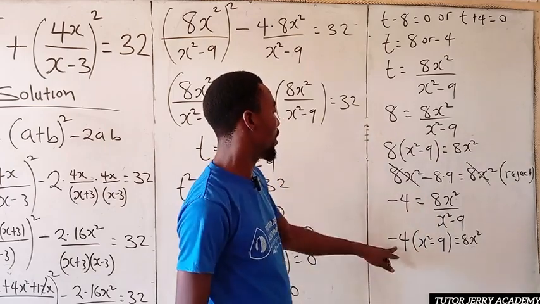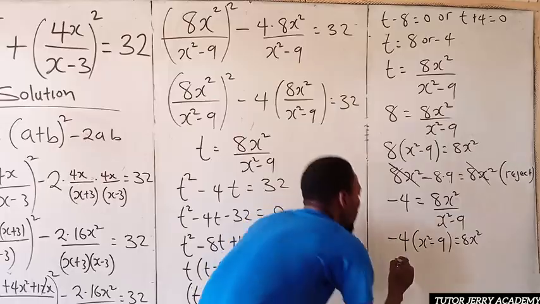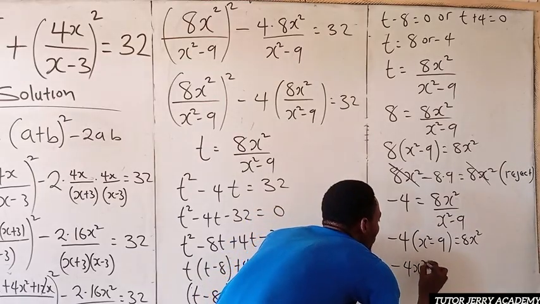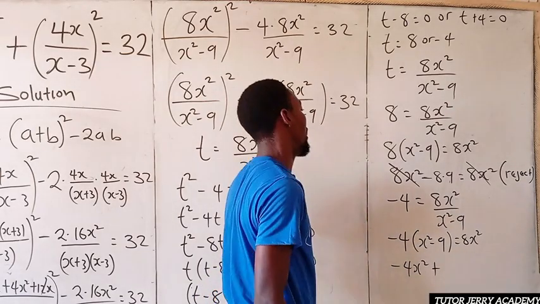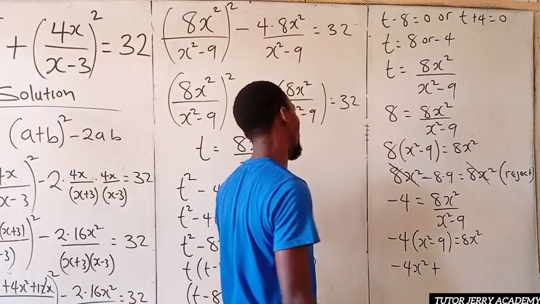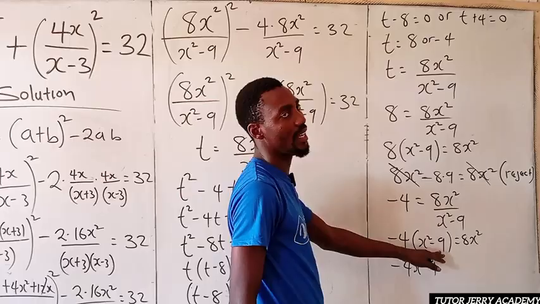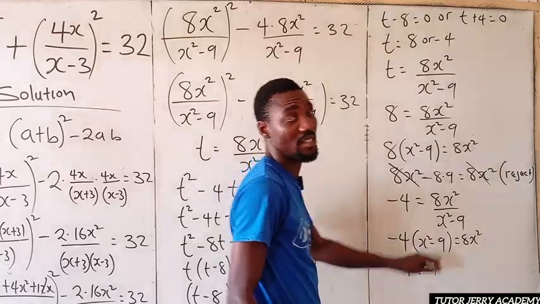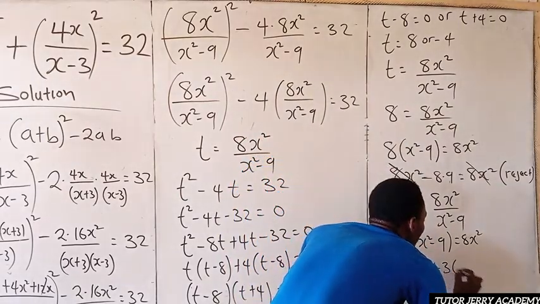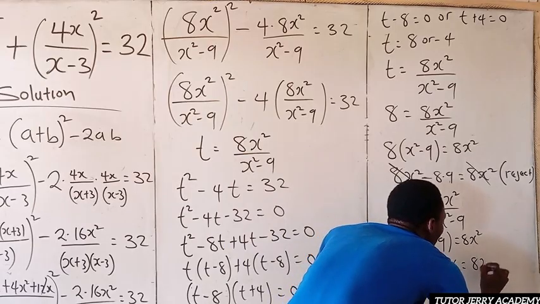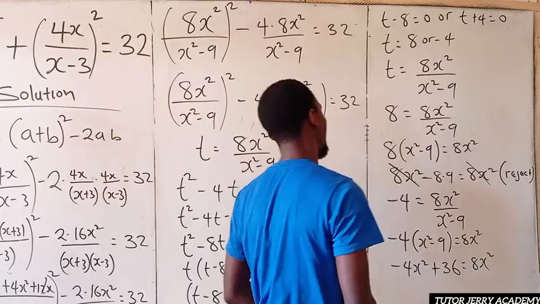Negative 4 multiplied by s squared gives negative 4s squared, and negative 4 multiplied by negative 9 is 36. We are going to have 36 equals 8s squared.